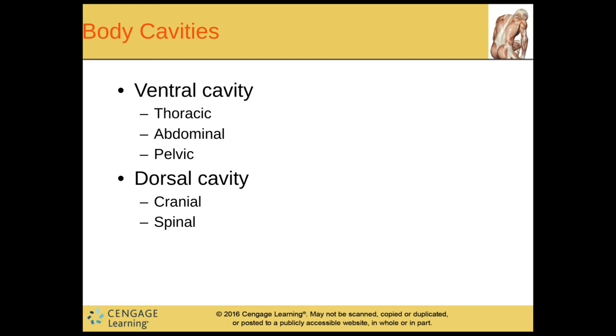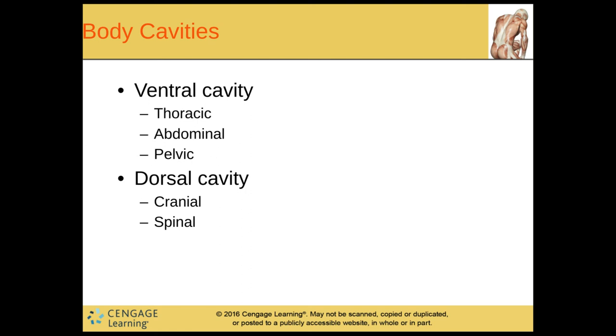So then we have body cavities. We have the ventral cavity. This is the main part of your body, right? It's your thorax, or your thoracic cavity, where all your major organs are, your abdominal cavity and your pelvic cavity, okay? And then we have the dorsal cavity. When I think of the word dorsal, I think of dorsal fin, like on a whale or a dolphin, and that's on their back, right?